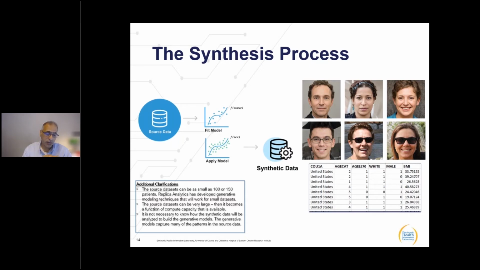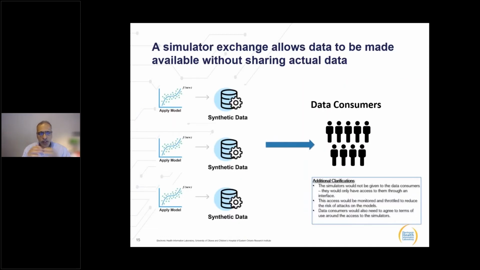These models will capture enough of the patterns in the data that they should be able to accommodate many different types of workloads. The other interesting thing about data sharing and data access with synthetic data is you don't actually have to share the data. You can share the generative models themselves. And what we found is organizations are more open to sharing generative models than they are to sharing data sets, because we share models all the time. We share models when we publish papers, for example. We include the parameters for the models, the formula for the models, and so on, the standard errors, the fits, etc., as well as descriptive statistics on the data sets themselves.